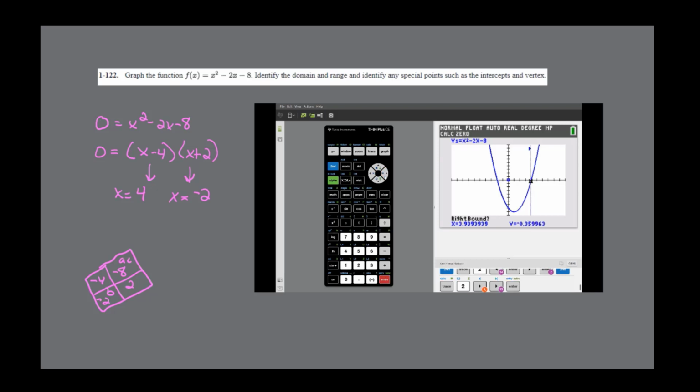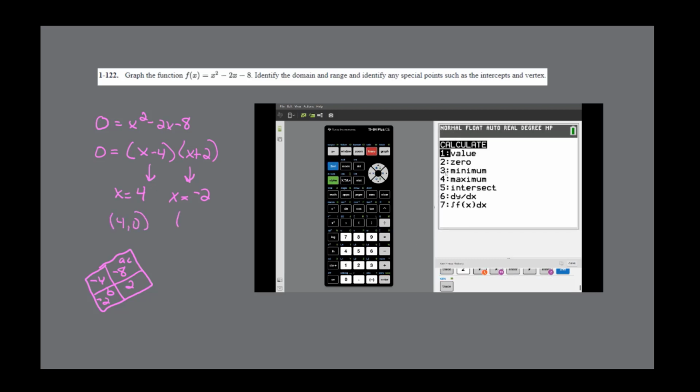Then I'm going to go a little above, and that's where the next one takes me up to 0.55. So that means now I'm going to do the right bound, and I'm going to hit enter. Now the calculator is ready to do a guess, and it has guessed at 4, 0, and that is the other one that we guessed.